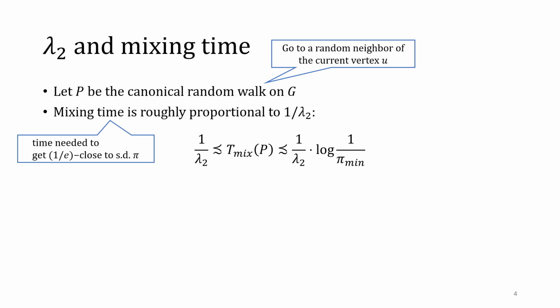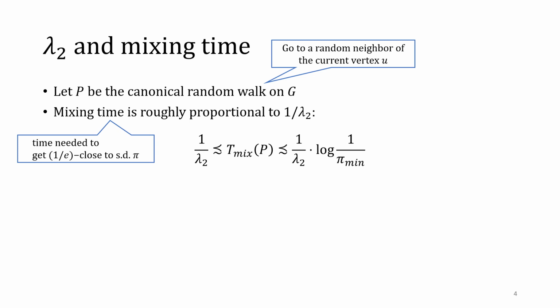Another appealing feature of this spectral theory is its connection to mixing time of random walks on graphs. If the graph is unweighted, then the canonical random walk simply picks a random neighbor of the current vertex and goes there. One well-known fact is that the mixing time of this random walk is roughly proportional to 1 over lambda 2.